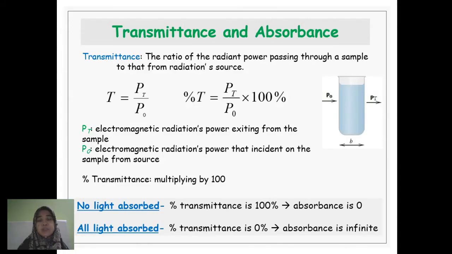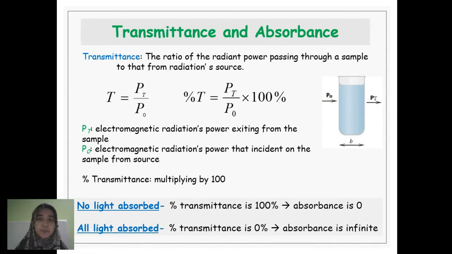So now we learn some new terms, which are transmittance and absorbance. So what do they mean? Transmittance is the ratio of the radiant power passing through a sample to that from the radiation source. Basically, this is the sample container, or we can call it a cuvette if we use a UV spectrometer.